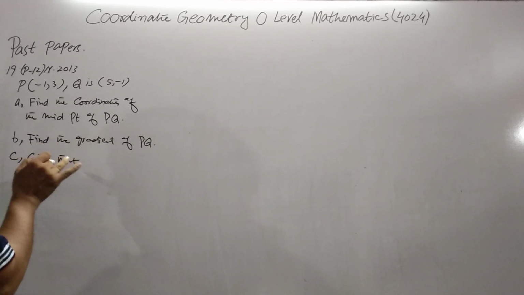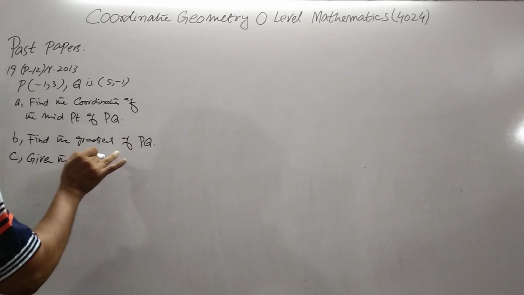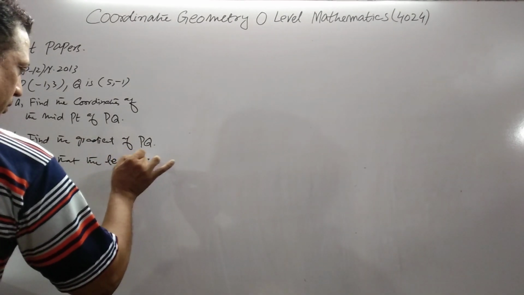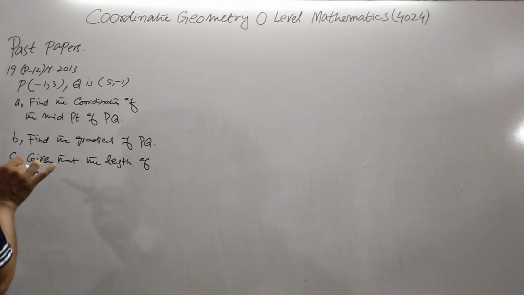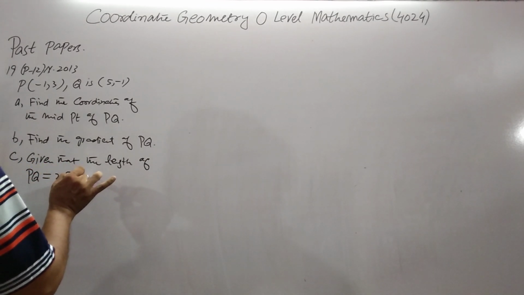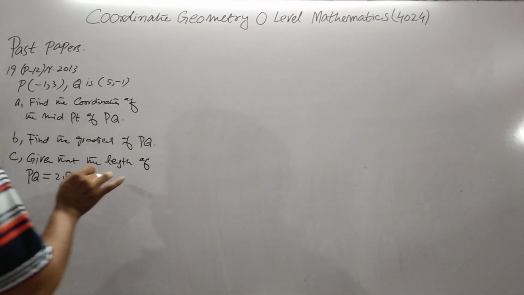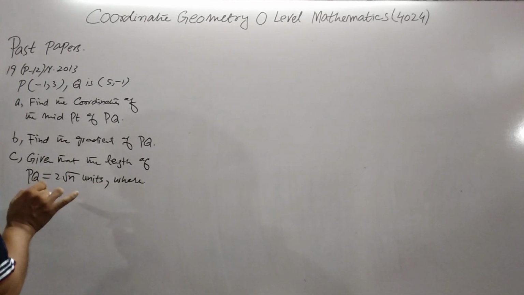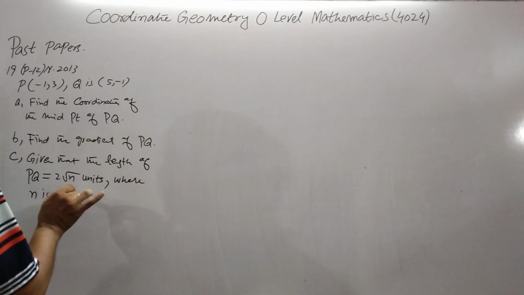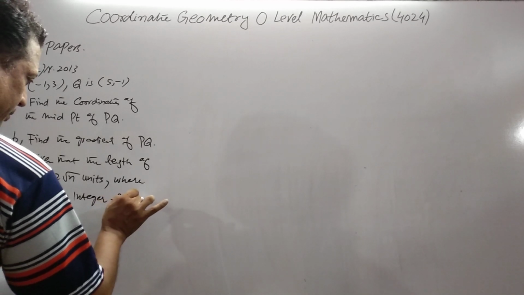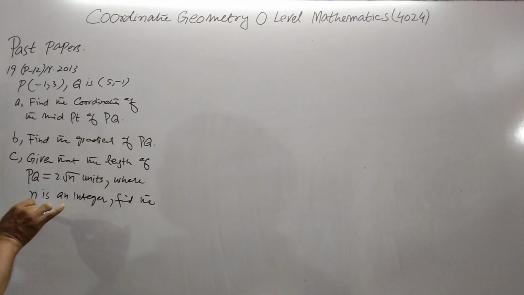And part C is, given that the length of PQ is 2 square root n units, where n is an integer, find the value of n.